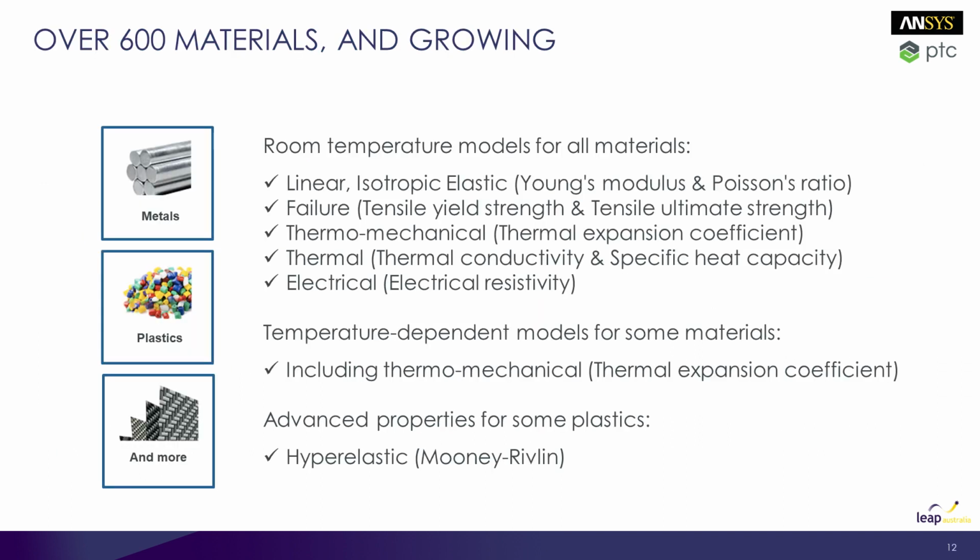So there's linear isotropic materials, failure criteria, thermomechanical, lots of electrical properties, some temperature-dependent material properties, and hyperelastics, as I mentioned. So there's a lot in there. And unlike the default materials library, like the general materials and the general nonlinear materials, they're not just generic materials. These are actually tested materials that Granta have in their library. So they're proper material properties.